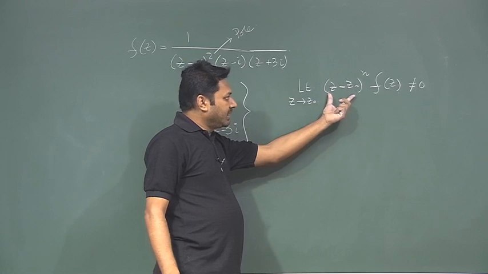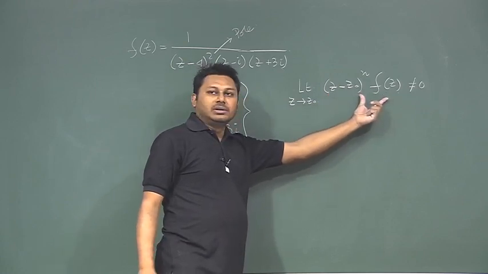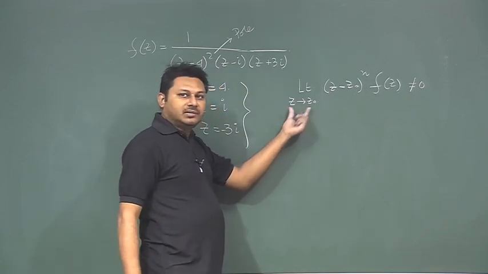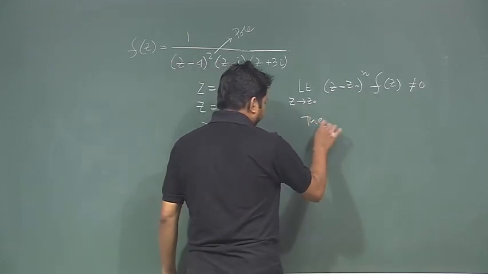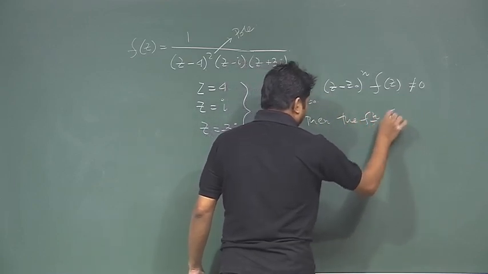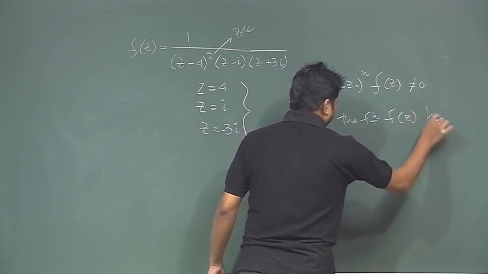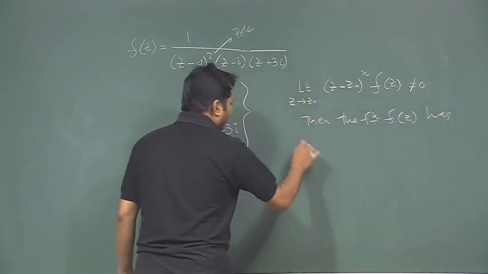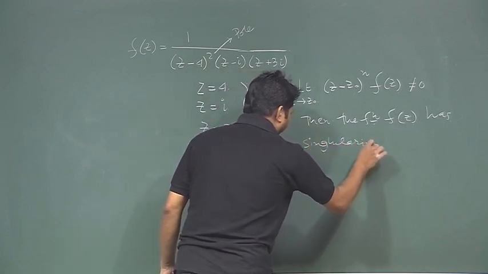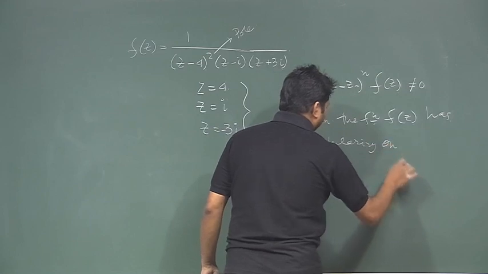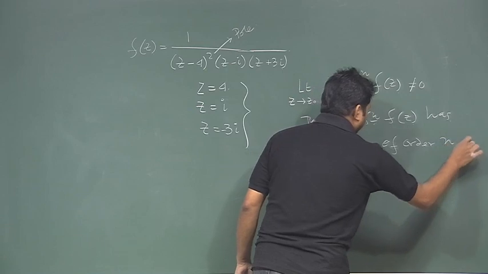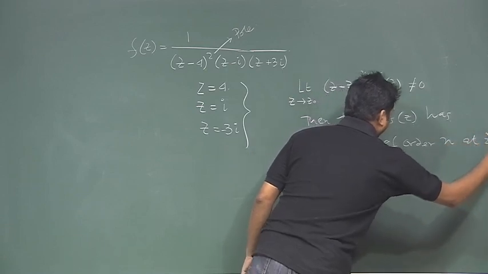I multiply (z minus z0) whole to the power n to the function, and if it is not equal to 0 when I put limit z tends to z0, then the function f(z) has singularity of order n at the z0 point.